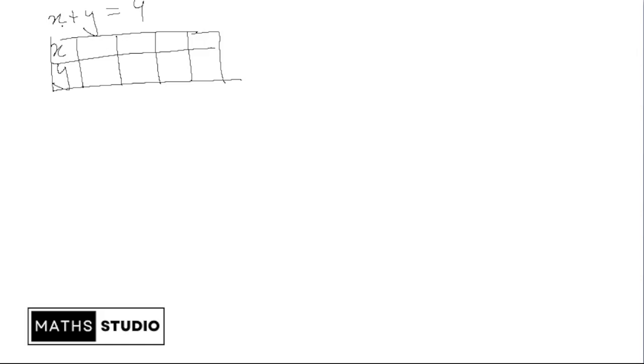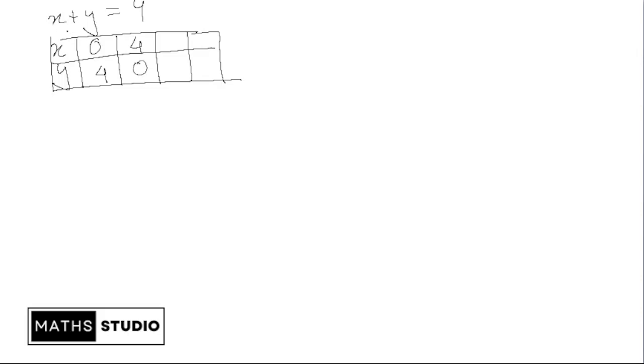So let us see, when the value of x is 0, y will be what? y will be 4. So this is 1 point already we have. The easiest way is to put any one value as 0, the other one will be easily found out. Suppose if the value of y is 0, then x will be 4, or vice versa.